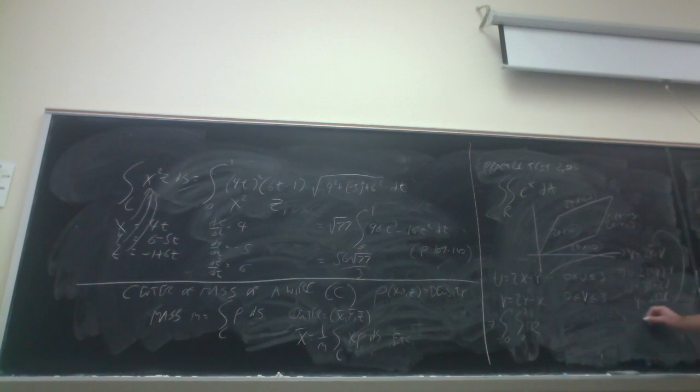So then for this, x is 2 times u plus 2v over 3 minus v. So you're going to get 4v minus 3v.